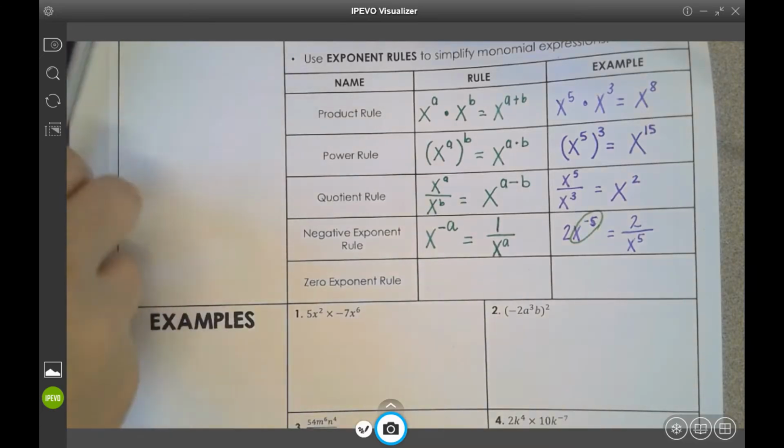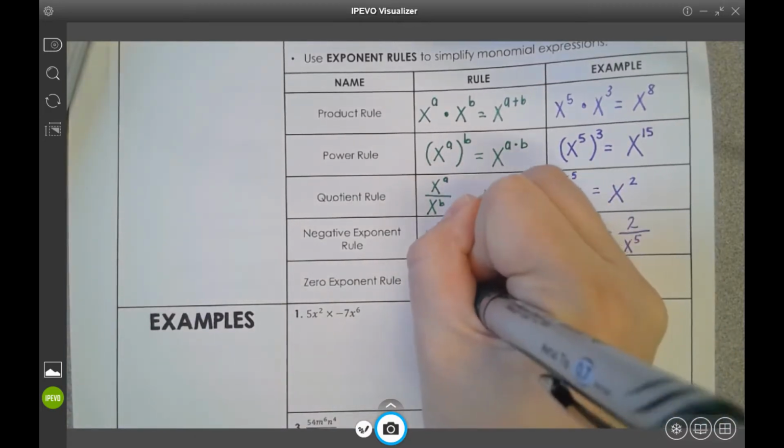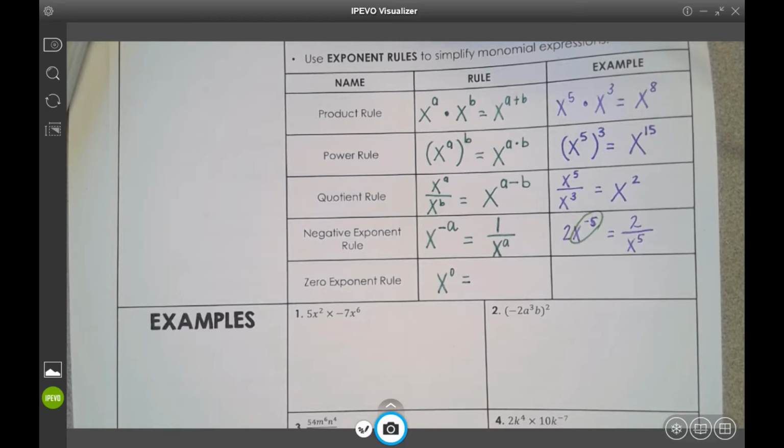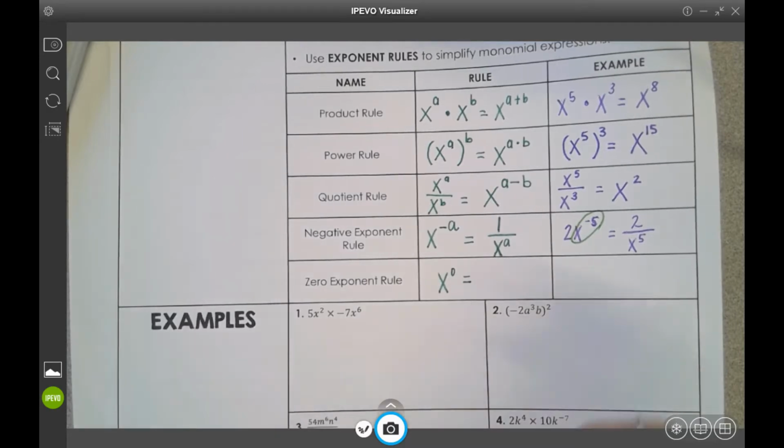And then the last one is anything with a 0 exponent is equal to 1.